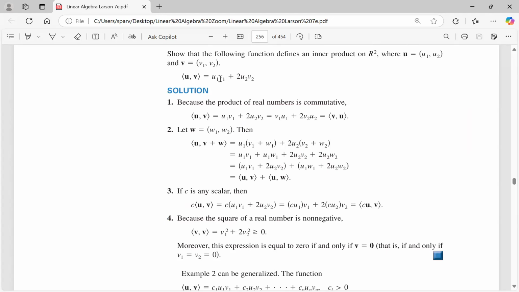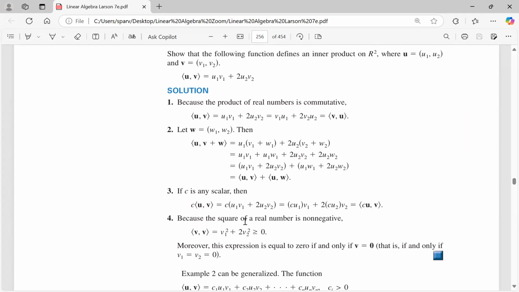Commutative property, right? They call it the symmetry axiom. The symmetry axiom is there. The second one was the additive axiom, the distributive property, if you will. That one holds for this. The third one was homogeneity, the constant multiple rule. That one holds. And again, we'll do our own in just a moment.